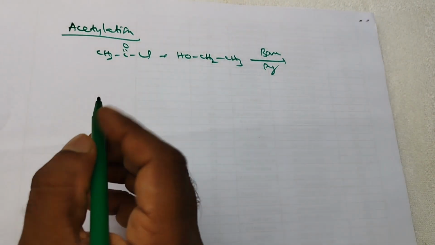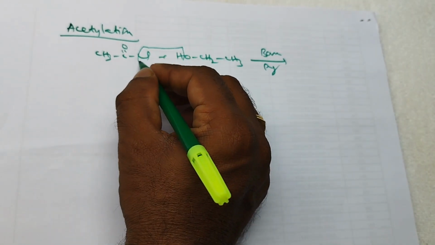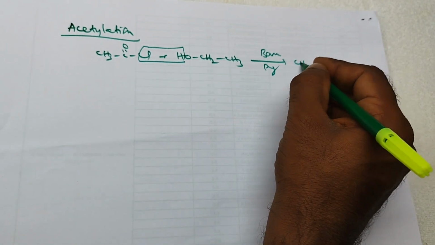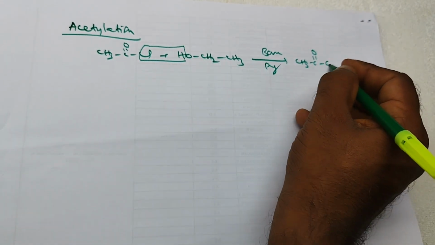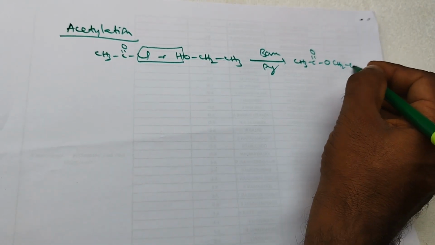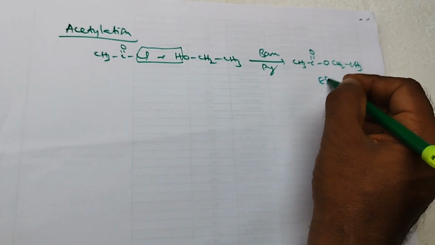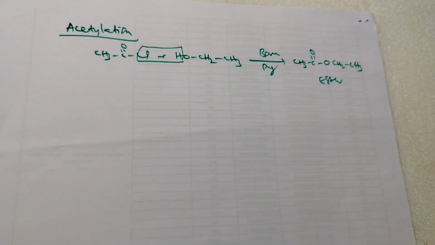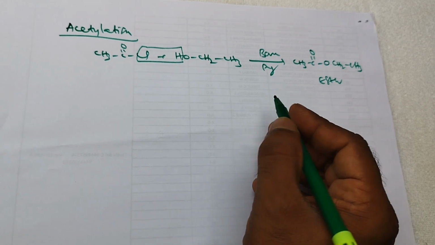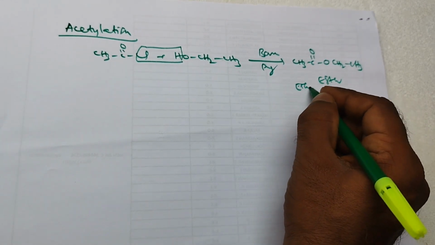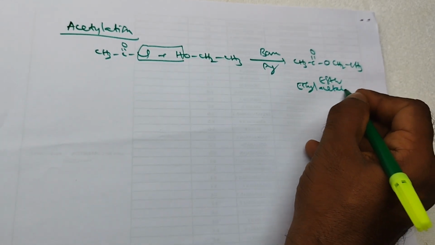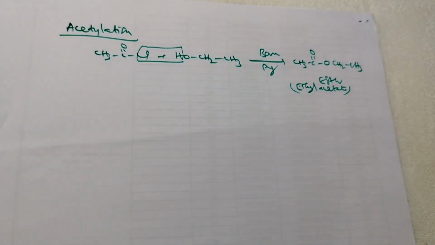This will replace this hydrogen and Cl and gives the compound CH3 C double bond O CH2 CH3, which is an ester. What is the name of this ester? It is nothing but ethyl acetate or ethyl ethanoate. Ethyl acetate is a common name. Ethyl ethanoate is an IUPAC name.